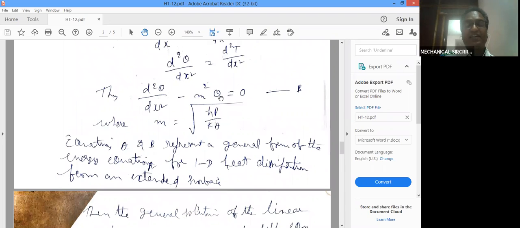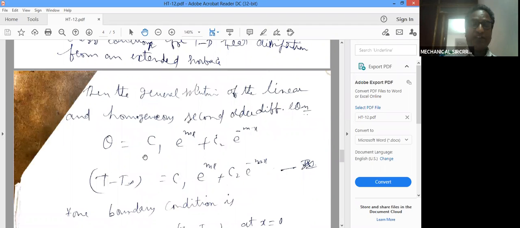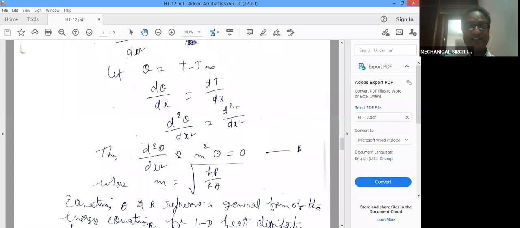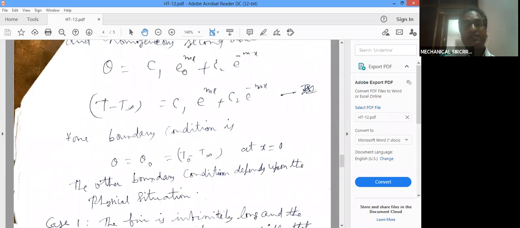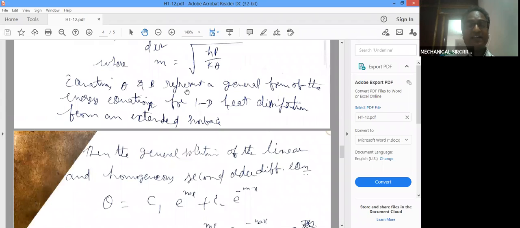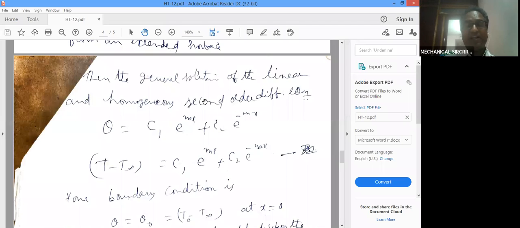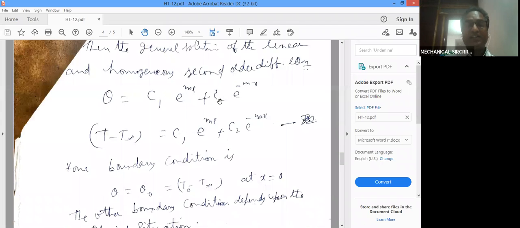If you observe from the mathematical principles, what is the solution? Theta is equal to C1 into e power mx plus C2 into e power minus mx. From the mathematics, if your equation is d square theta by dx square minus m square theta is equal to 0, the general solution is theta equal to C1 e power mx plus C2 e power minus mx.